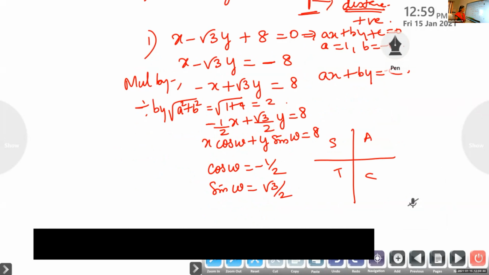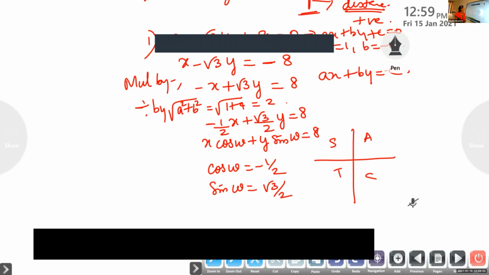Now look here, cos is negative and sin is positive. In which quadrant will you get this? In the second quadrant. Sin of which value gives root 3 by 2?